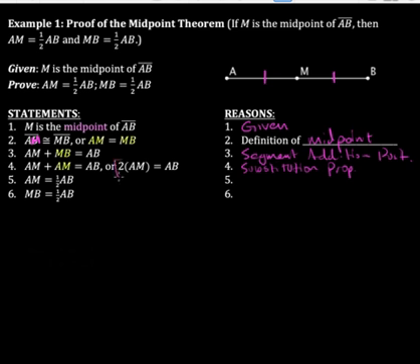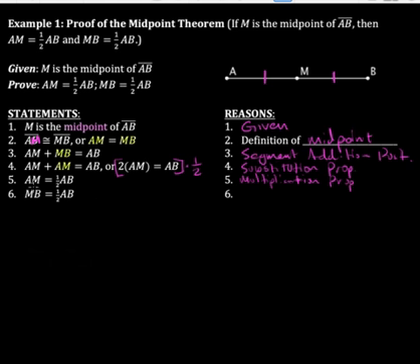Well, what we did is we multiplied this whole equation times 1/2. So half of 2AM just became AM, and half of AB became 1/2 AB. So if I multiply an entire equation by some number, that is using the multiplication property.